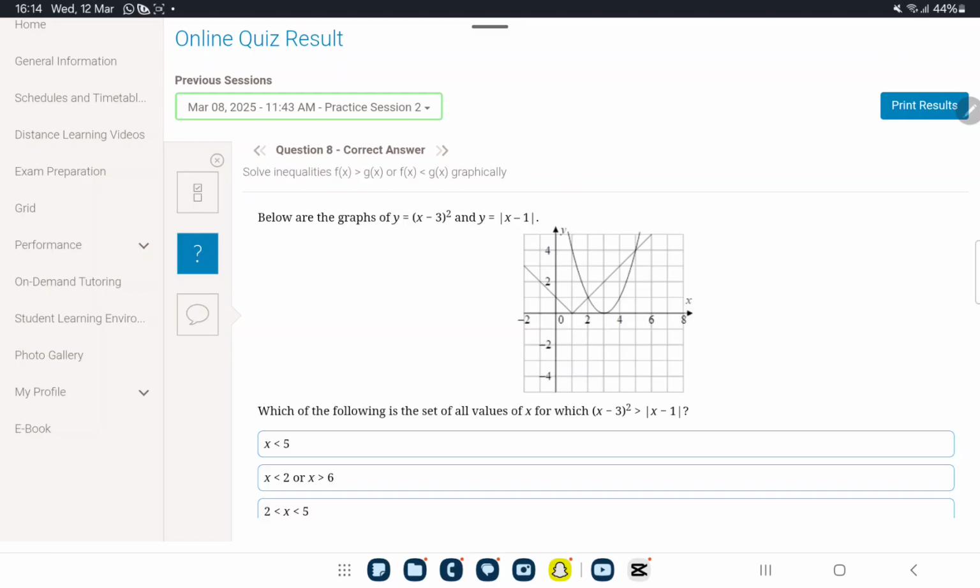Here they're asking in which parts is x minus 3 squared, so the curved line, the U-shaped, greater than x minus 1 absolute value, so the V-shaped.